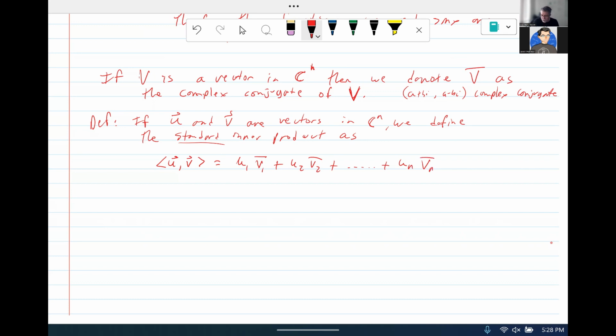So we're constantly taking the conjugate and basically dot producting each of the components of the vectors.